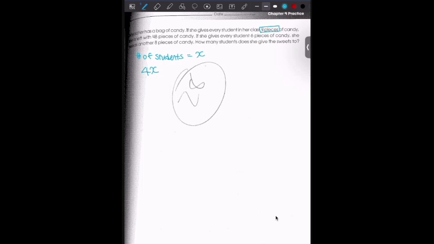And so 4x plus 48, since she's left with 48, is going to be the same as giving each student 6 pieces of candy, so 6x, and needing 8 more, so 6x minus 8.